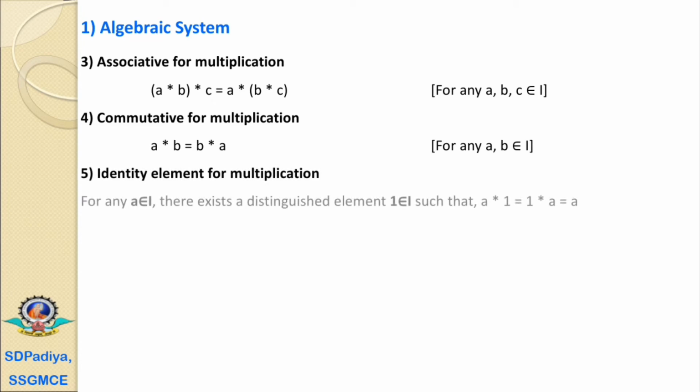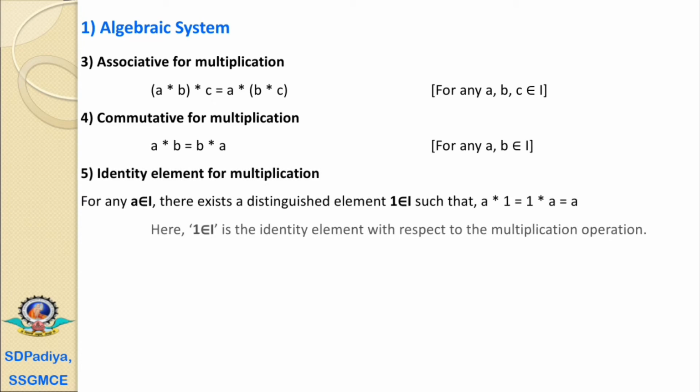Now the multiplication operation over the set of natural numbers has an identity element, because for multiplication the identity element is 1, and 1 belongs to the set of natural numbers. That's why this set for the multiplication operation has an identity element, that is 1.